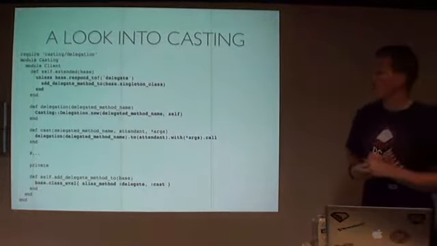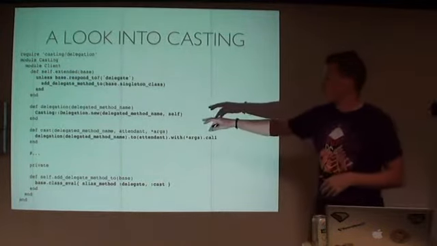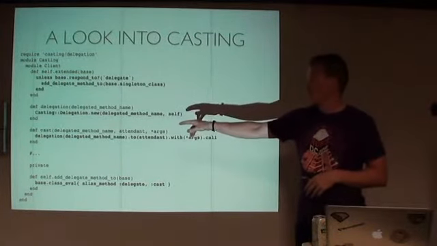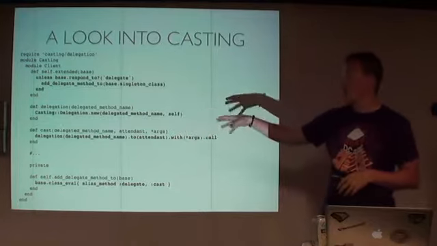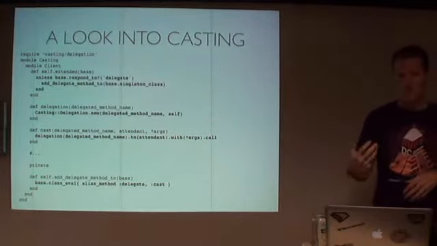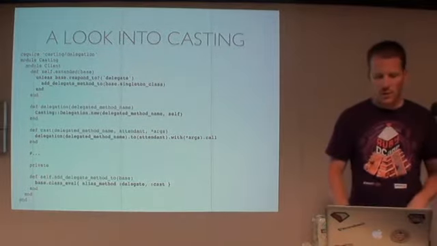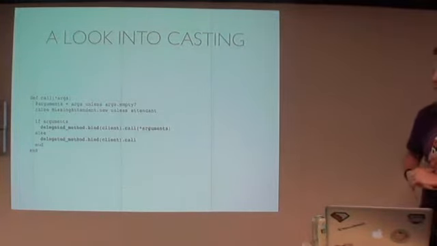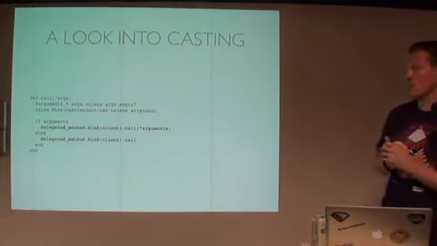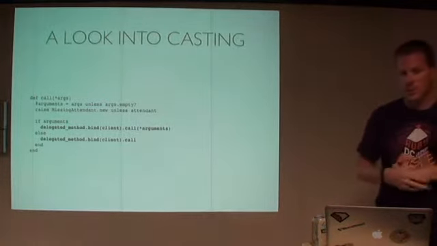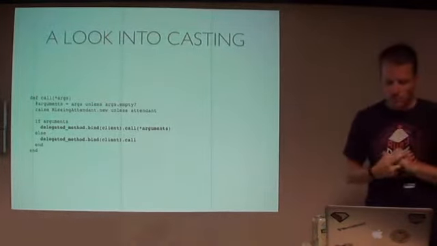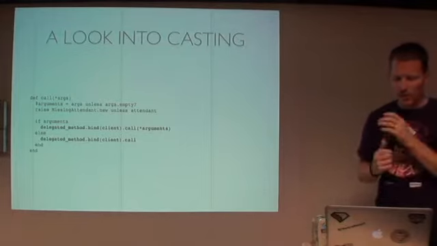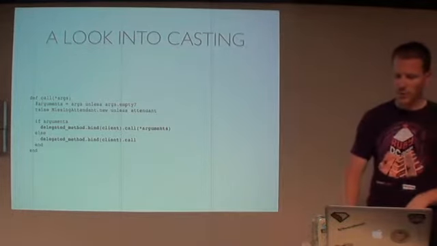But all it does is create this object here with the name that we want, passes in the reference of the object that we're going to be using as self. And it pretty much comes down to doing this. We find the delegated method, we bind it to the client, which is the self object that's passed in. And then we call it with whatever arguments we want.